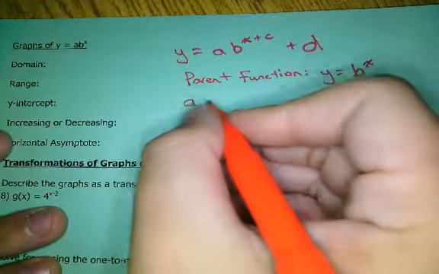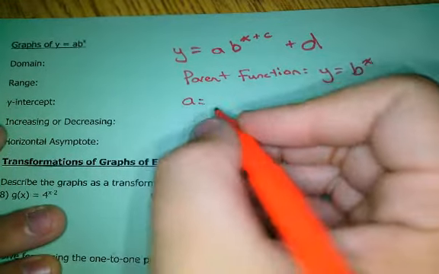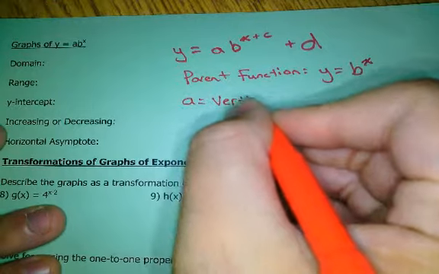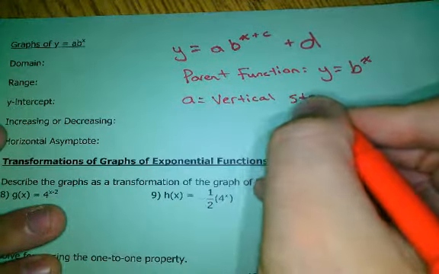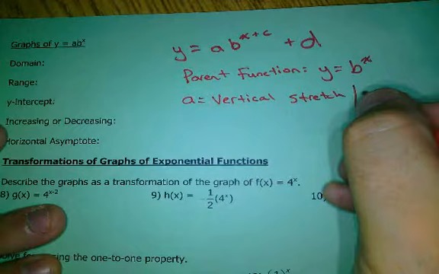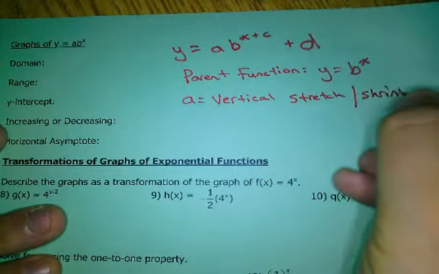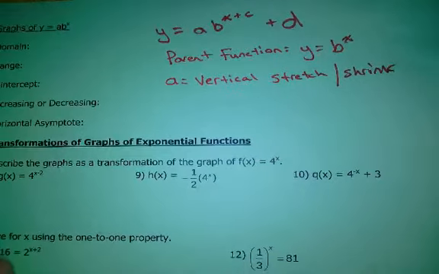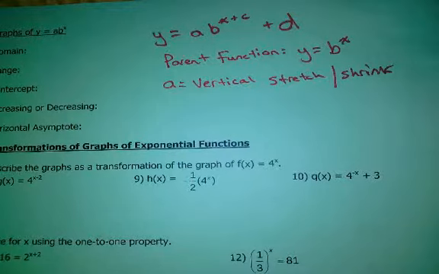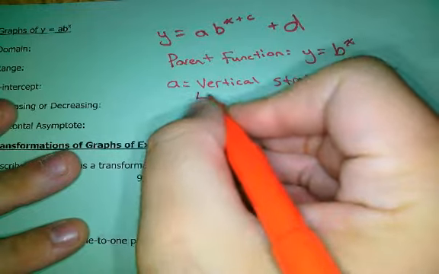So if I put a number in for an a value, that's going to be a vertical stretch or shrink. Okay? The vertical stretch, shrink.